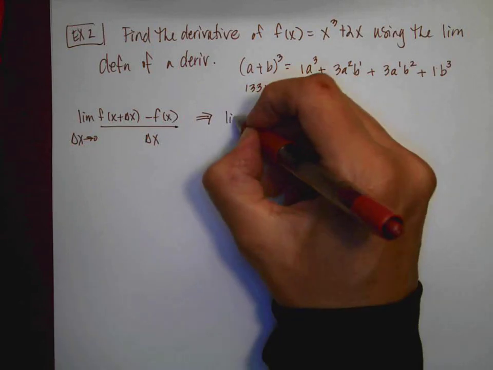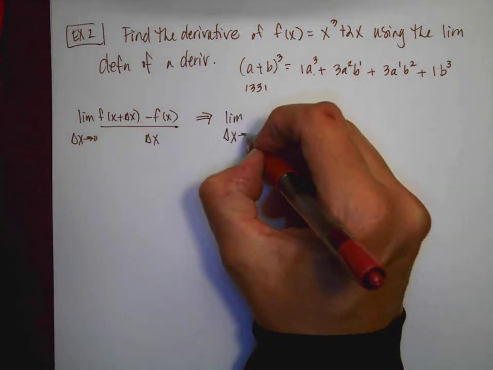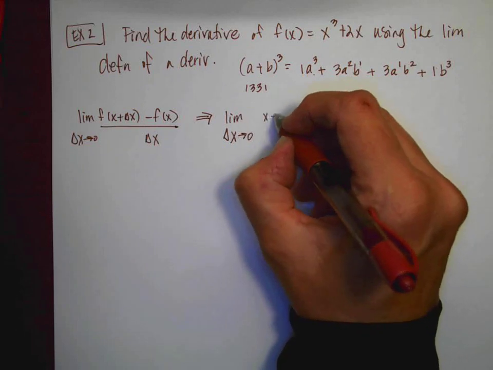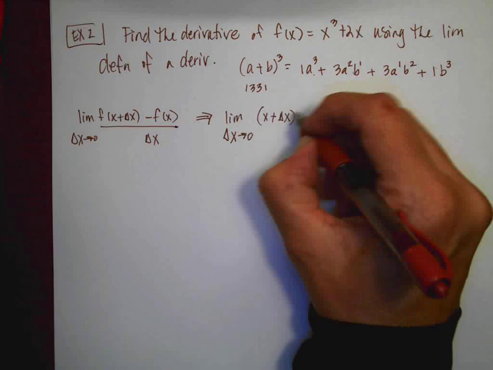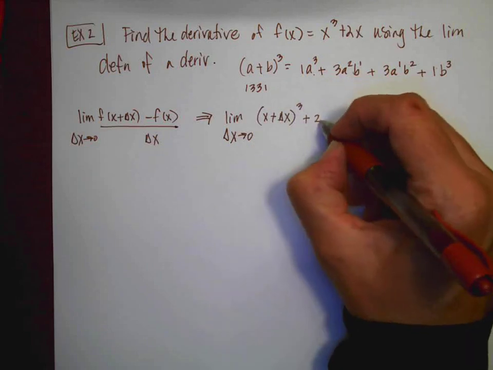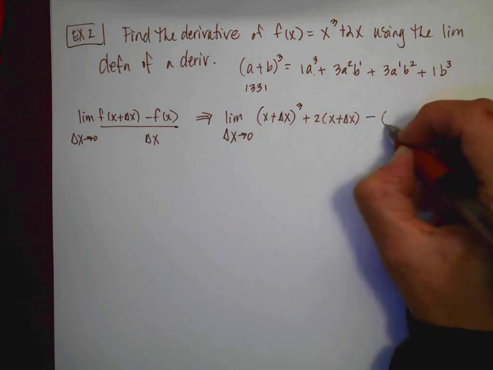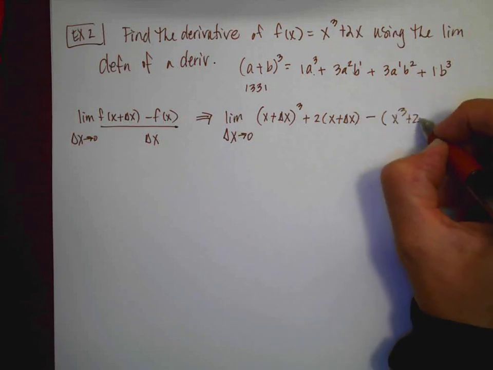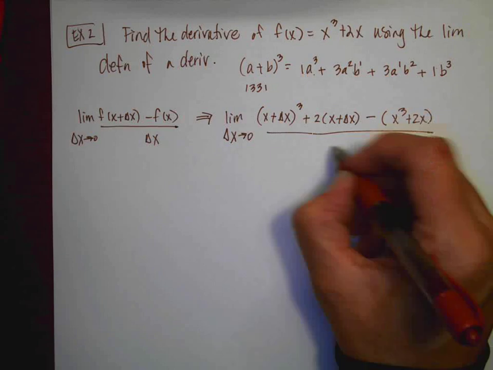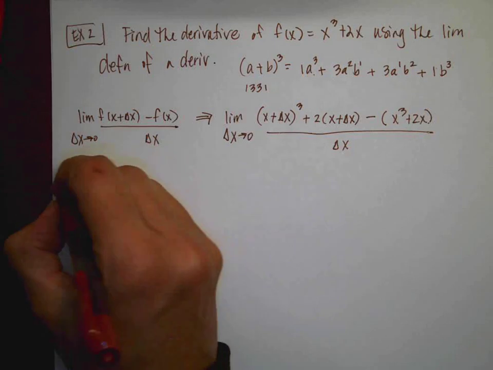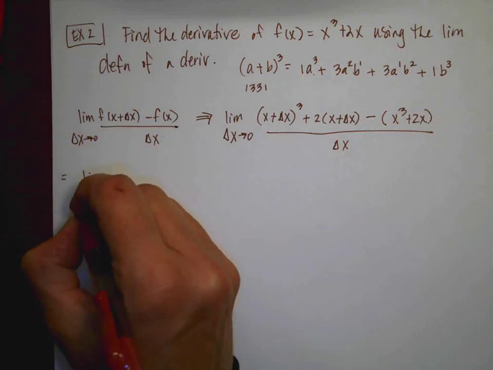Now as I start my process, it's going to be the limit as delta x goes to 0 of (x plus delta x) quantity cubed plus 2 times (x plus delta x) minus (x cubed plus 2x) all over delta x. It's really important that you make sure that you use your parentheses.